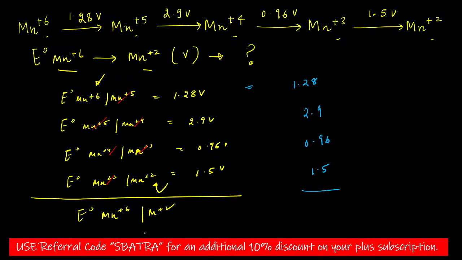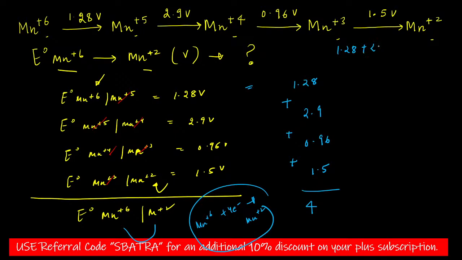But in this particular case, there is a change of 4 electrons: Mn6+ takes 4 electrons and gives us Mn2+. So we have to add all 4 values and divide by 4. This is how we solve it: 1.28 plus 2.9 plus 0.96 plus 1.5, divided by 4. This is going to be our answer.